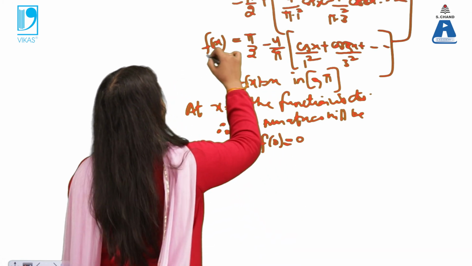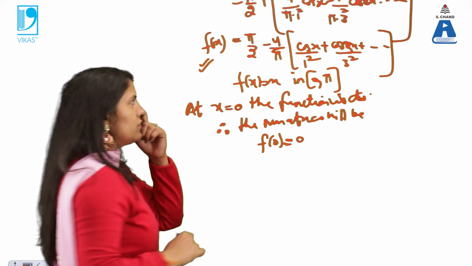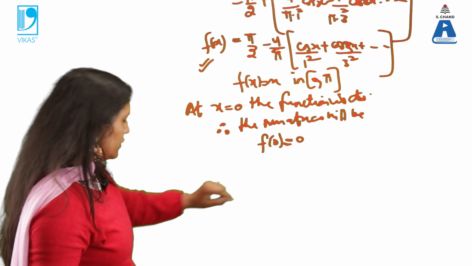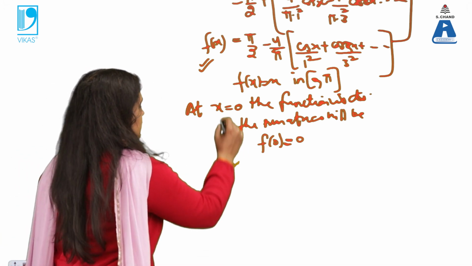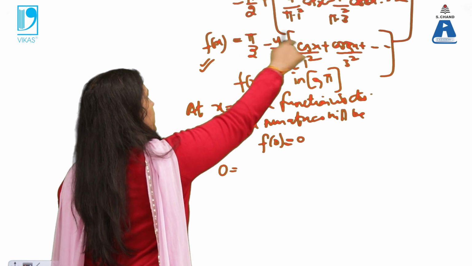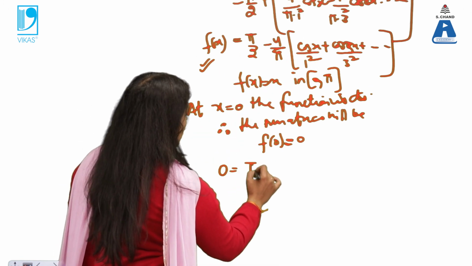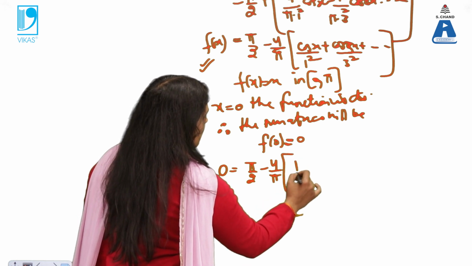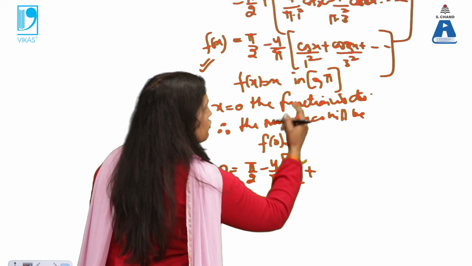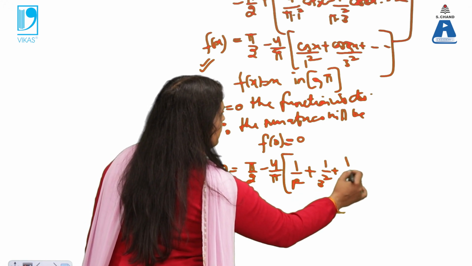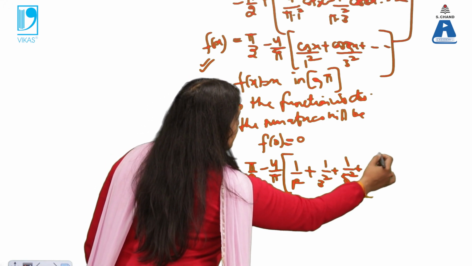Now, this is the Fourier half range cosine series, and using this let's see how we get the sum. So, put 0 on the LHS and x equal to 0 on the RHS. 0 equals pi by 2 minus 4 by pi times 1 by 1 square, because cos 0 will be 1, plus 1 by 3 square, and 1 by 5 square, and keep writing.